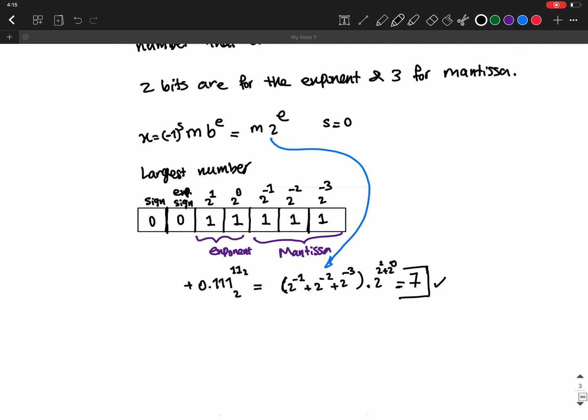And then the smallest number, you can do it yourself, it's a practice problem at home. Do it yourself.